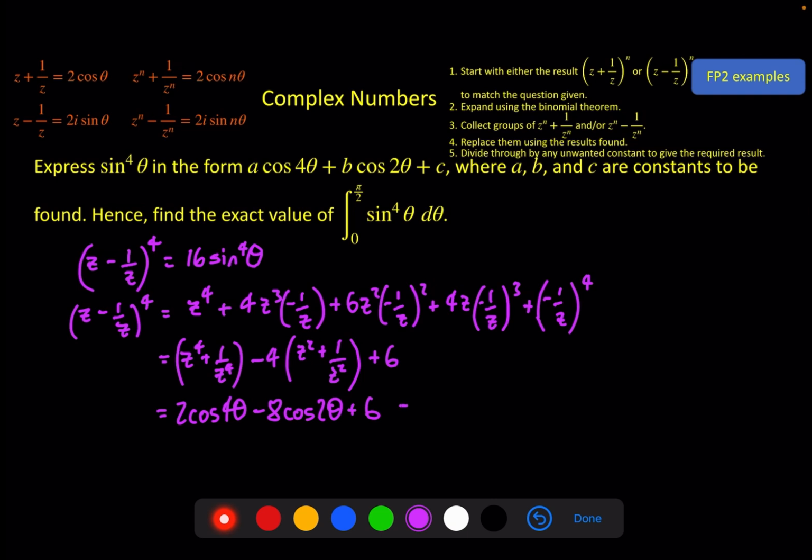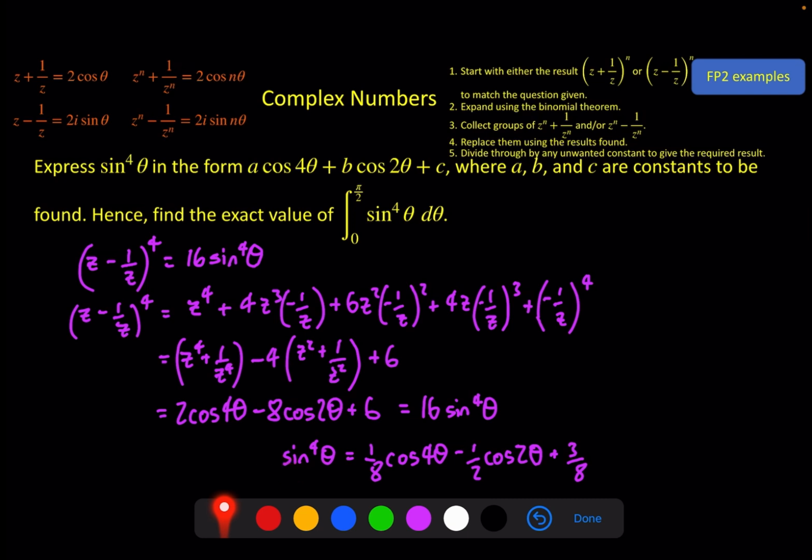But remember, that equals 16 sine to the power 4 theta, and we want sine power 4 theta without the 16, so dividing through gives us sine power 4 theta is equal to 1 over 8 cosine 4 theta minus 1 over 2 cosine 2 theta plus 3 over 8. And that is our final expression for sine 4 theta.